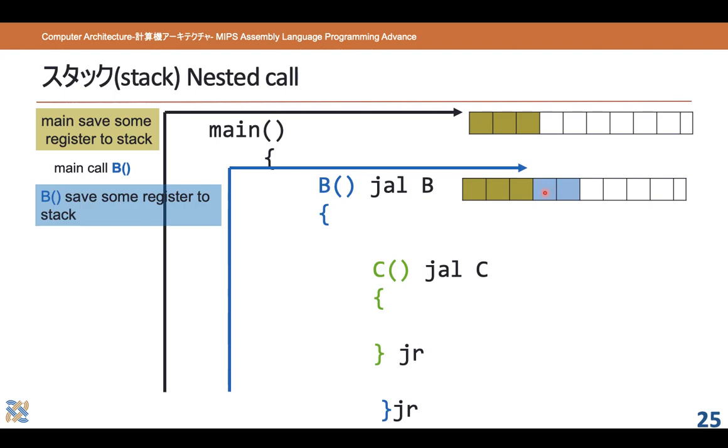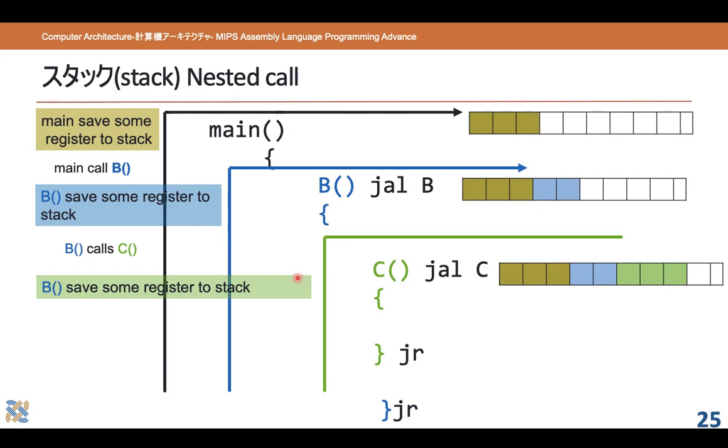Here, B uses another two locations on the stack, and while it's using these, it calls another procedure C. So now B calls C while the stack looks like this. Now C might need another three variables on the stack.